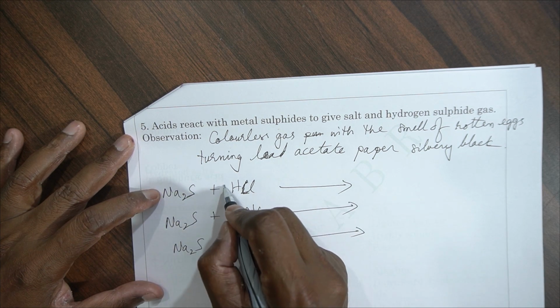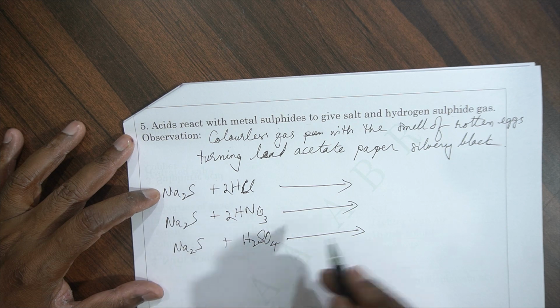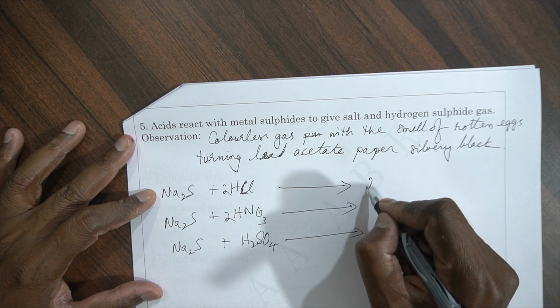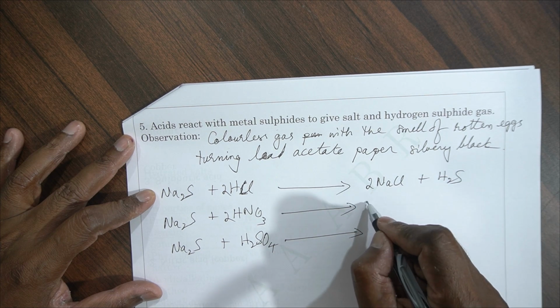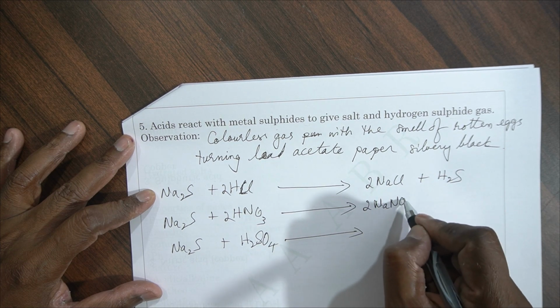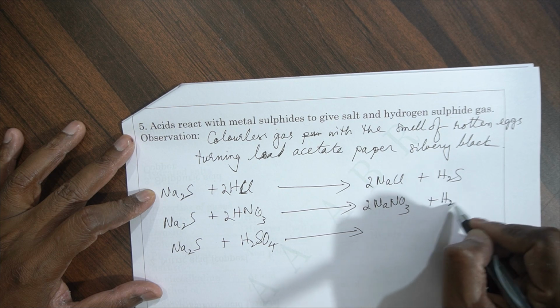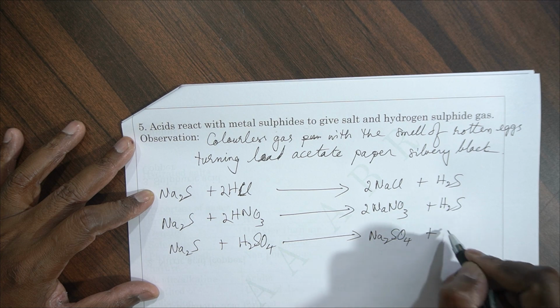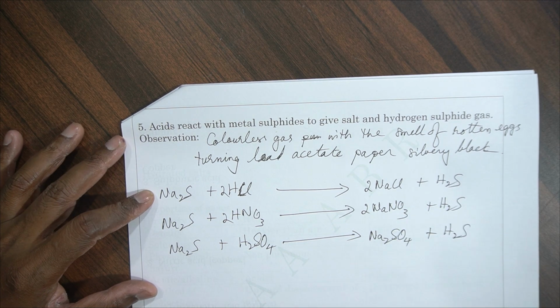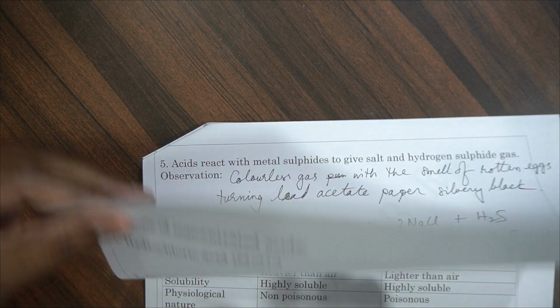So what you will require is 2HCl, 2HNO3. Same. So this will be 2NaCl plus H2S. Here you will have 2NaNO3 plus H2S. Here you have Na2SO4 plus H2S. Okay, so I think that is clear. Going to the next one.